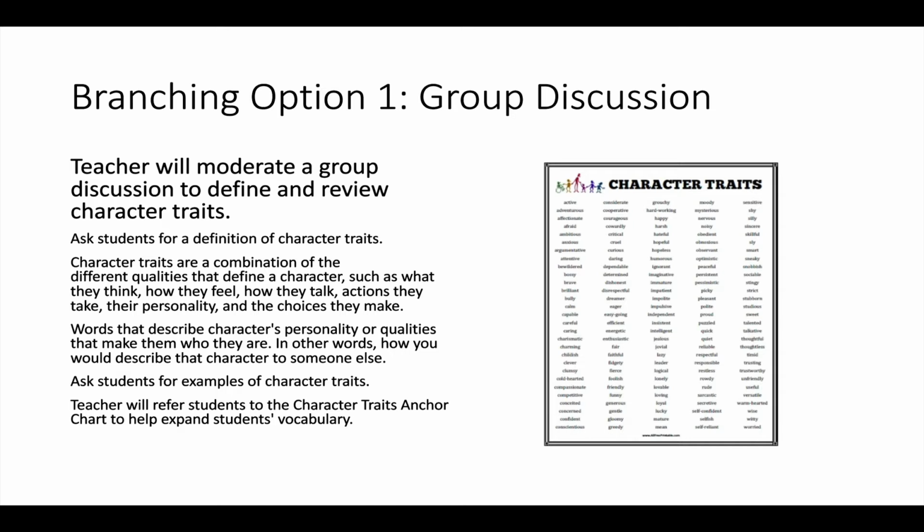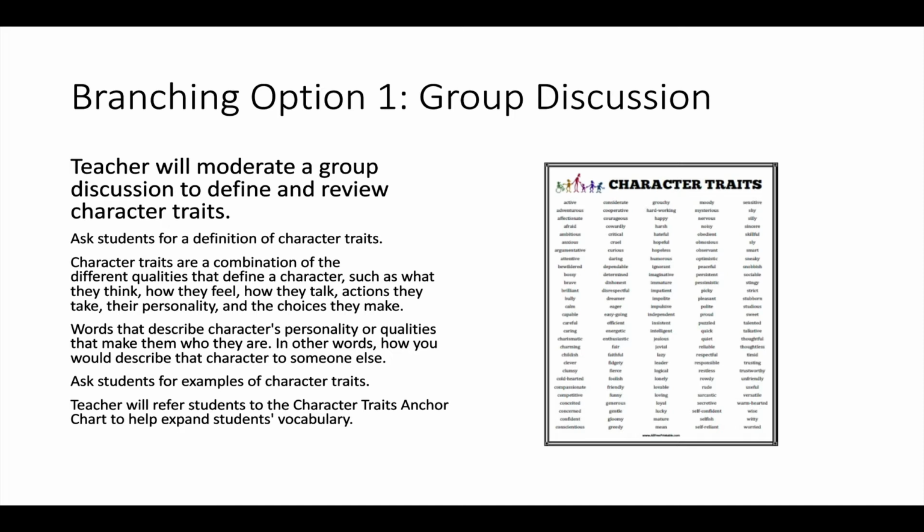Some examples are a combination of different qualities that define a character, such as what they think, how they feel, how they talk, what actions they take, what their personality's like based on the choices they make. I'm looking for words that describe characters' personality or qualities that make them who they are. In other words, how would you describe that character to someone else?